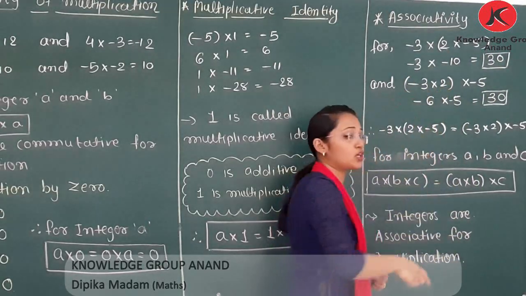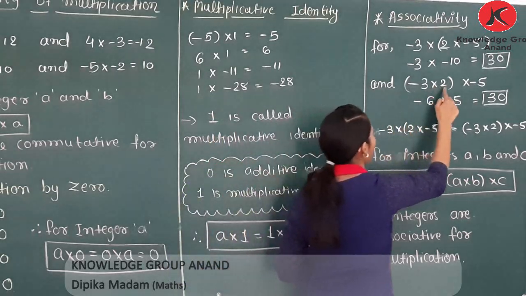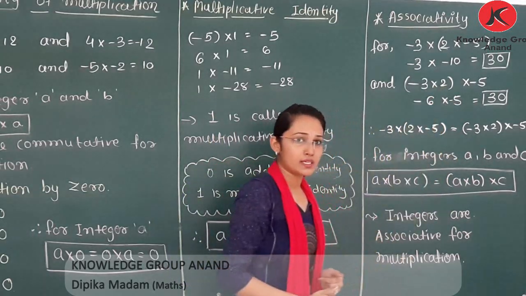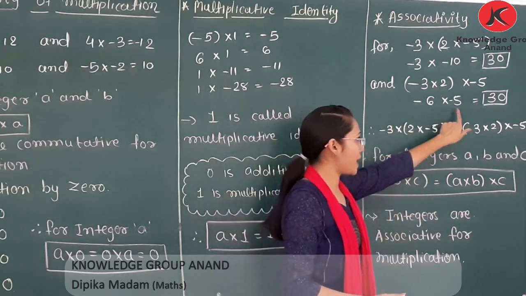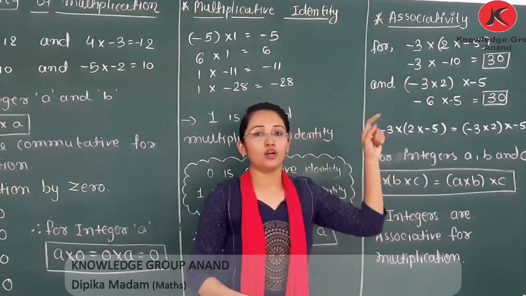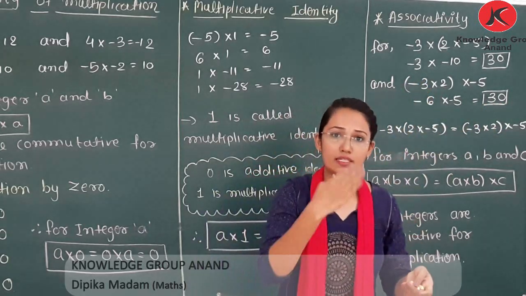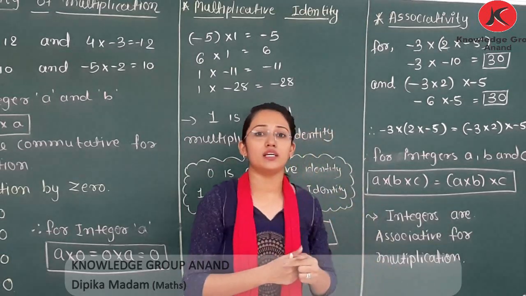Now I make a group of first and second. So -3 multiply 2 that is what? -6. After that I multiply third integer that is -5. So again answer is same. In the first I make a group of second and third, and second time I make a group of first and second, but answer is same.